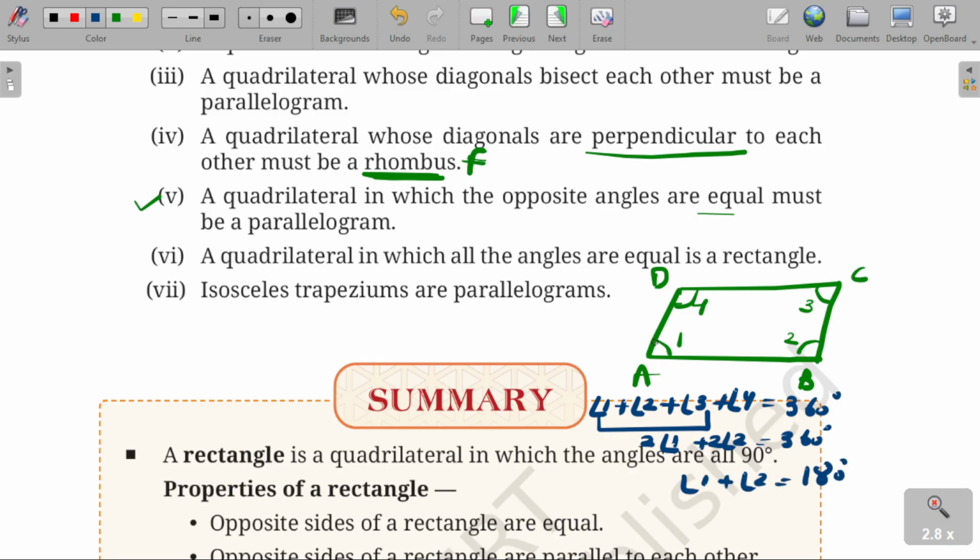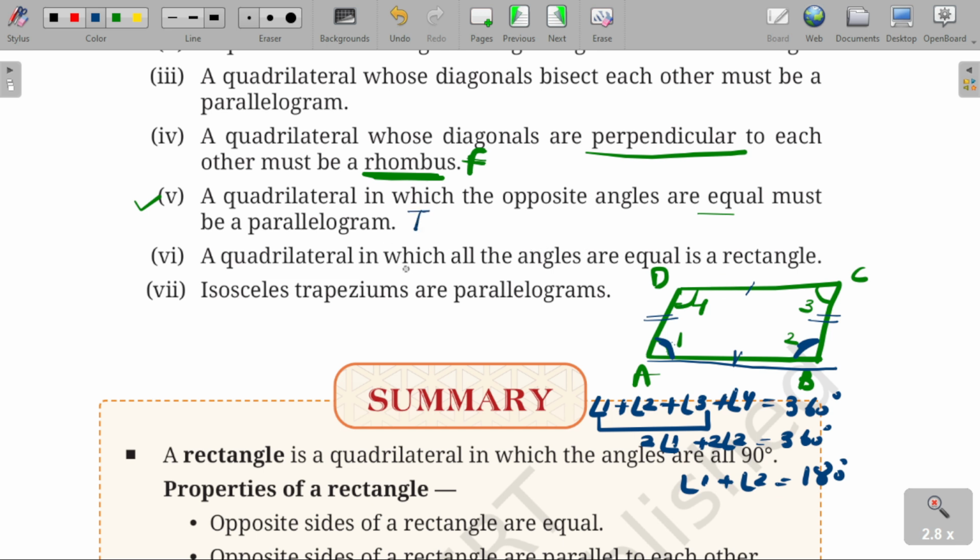If angle 1 and angle 2 give us 180, that means AB is a transversal line of AD and BC, and the interior angles are summing up to 180 degrees. That means AD is parallel to BC. Similarly, 1 and 4 are also co-interior, so we get this parallel also. So yes, this statement is true.